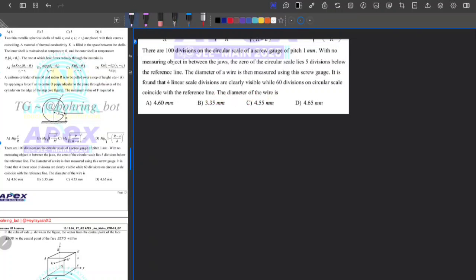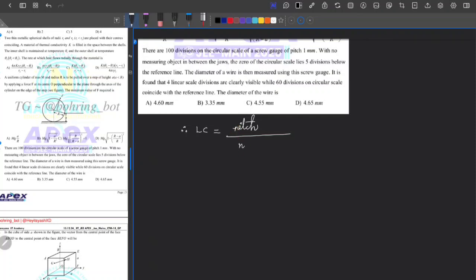Therefore, first you have to find out the least count. What is the least count formula? Least count is equal to pitch by number of divisions on the circular scale.